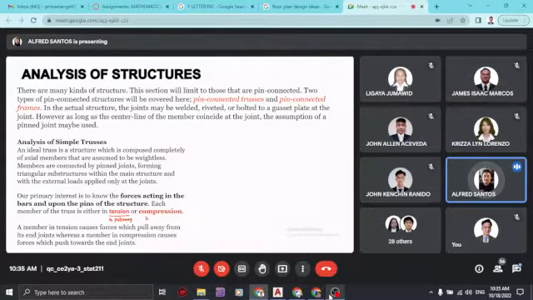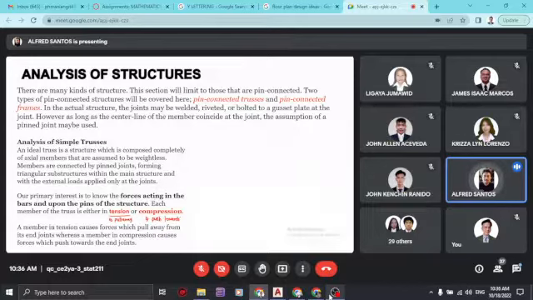And compression is to push towards. A member in tension causes forces which pull away from its end joints, whereas a member in compression causes forces which push towards the end joints.